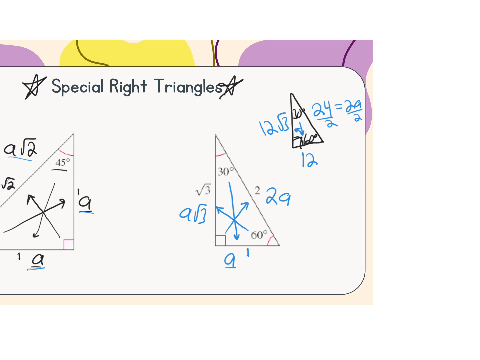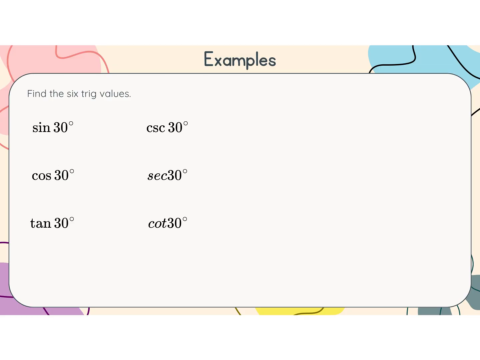What we're going to do now is find the 6 trig values of each special right triangle. All right? What I would do from here onwards is to draw your special right triangles. So let me draw a special right triangle right here. All right, there's my right angle. The angle measurement that you see on this page is a 30-degree angle.